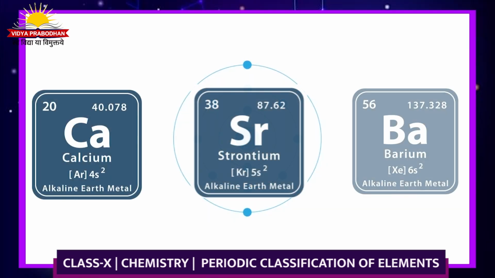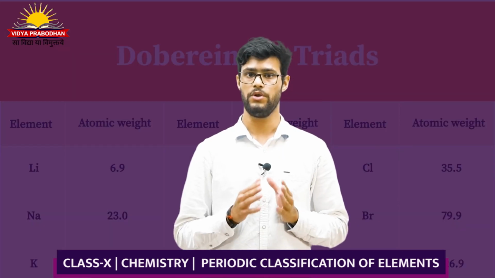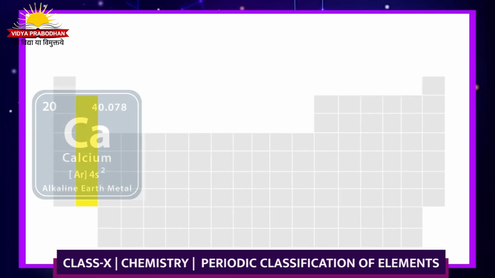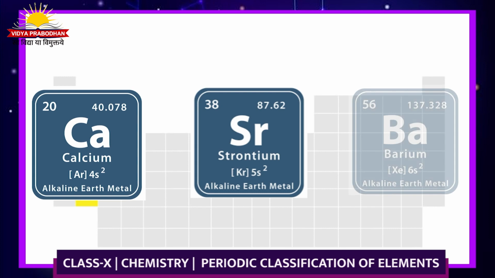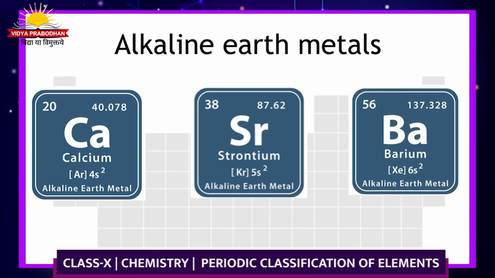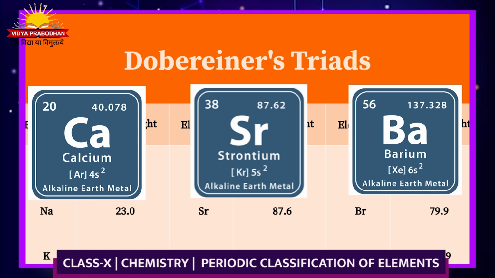All these elements have a valency of 2. They are divalent. So, due to their similar chemical properties, the elements calcium, strontium and barium were put in one group called the alkaline earth metal family, and form a Dobereiner's triad.